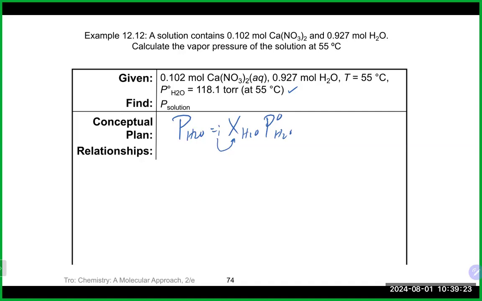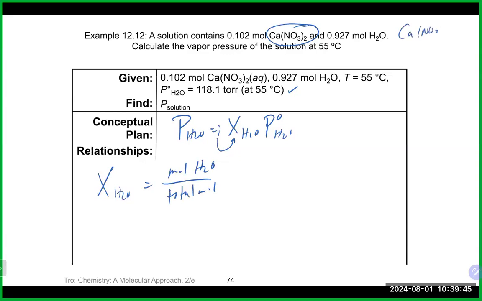So when we do the mole fraction for water, we have the moles of water divided by the total moles. But in this situation, we are dissolving calcium nitrate into the solution.